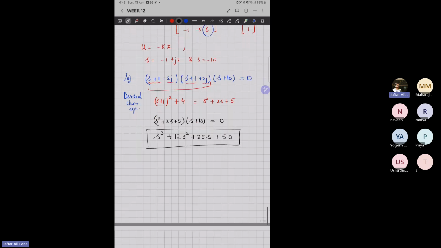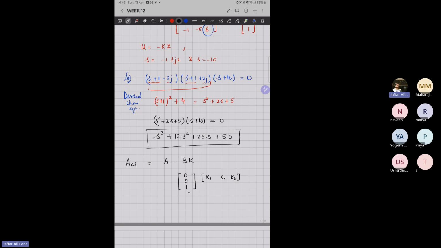Now, the second thing you have to do is find the closed loop. And what is the closed loop? It's A minus BK, right? So let's find it. First of all, let's find BK. My B is 0, 0, 1, and my K is K1, K2, and K3.